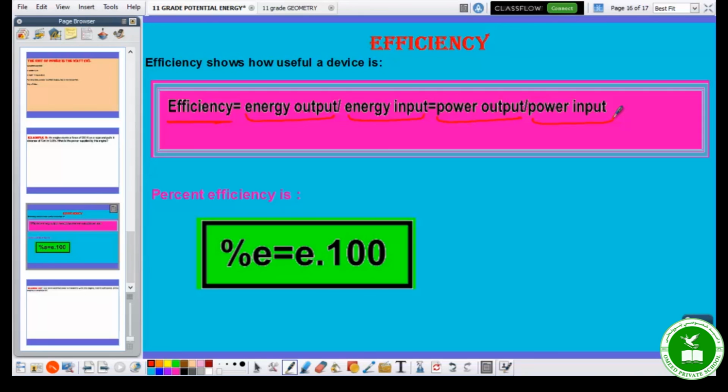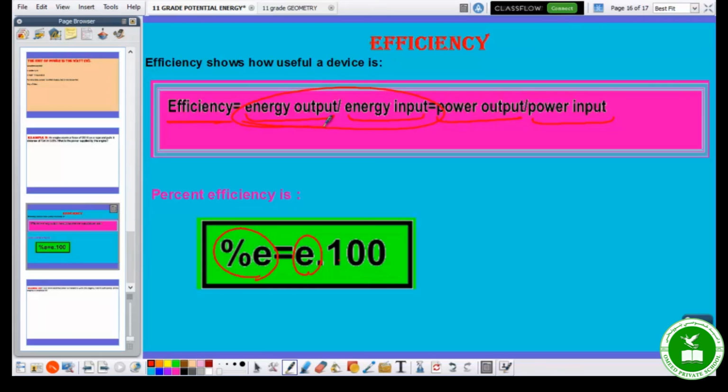Now the efficiency of systems or machines is always smaller than 1, meaning smaller than 100%. It can never be 100%. Efficiency in percentage is equal to efficiency times 100. Efficiency means this ratio, output energy divided by input energy.